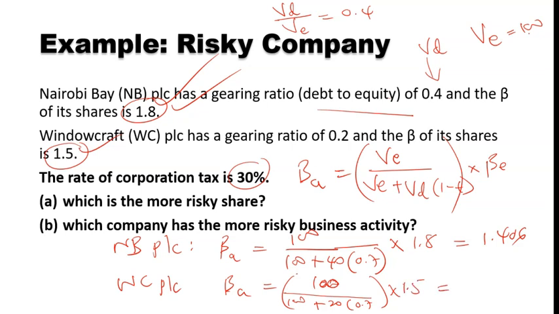And this gives us 1.316. Okay, so once again, comparing these beta assets, you can as well see that this company is more risky.